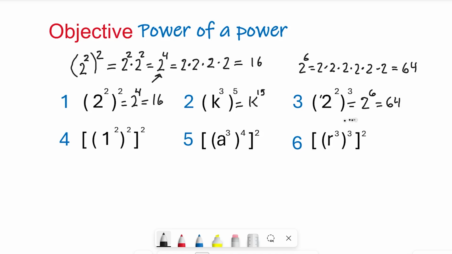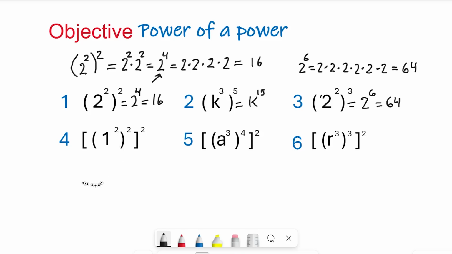Now on the next number, which is number 4, you look at the brackets. These are brackets. It works exactly the same way. All you're going to do is multiply all the exponents, and you have only one power. Okay, this one is 1 to the second power.